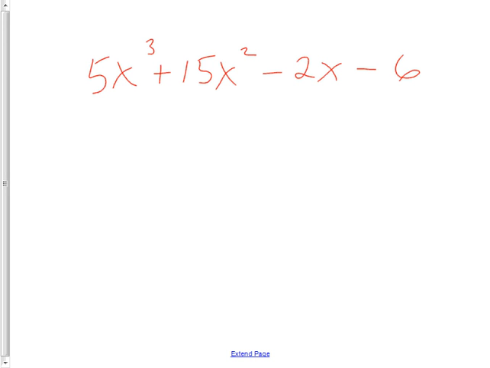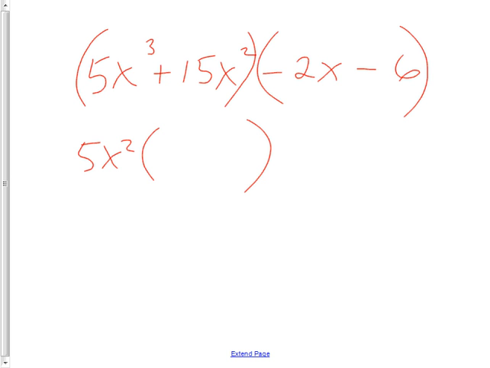Mrs. T, how do I start? Five x squared goes into it, and what do you got left? Excellent. And then on the other one, what comes out of both of them? Good.